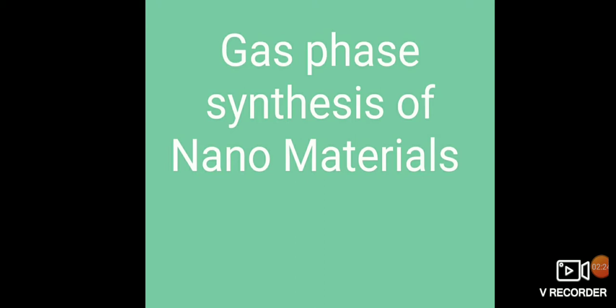Most of the synthesis routes are based on the production of small clusters that aggregate to form nanoparticles. Condensation occurs only when the vapor is supersaturated, and in the process homogeneous nucleation in the gas phase is utilized to form particles. This can be achieved by both physical and chemical methods.